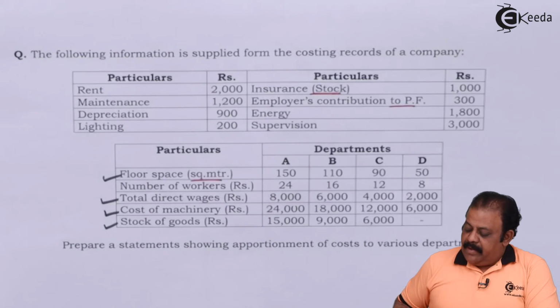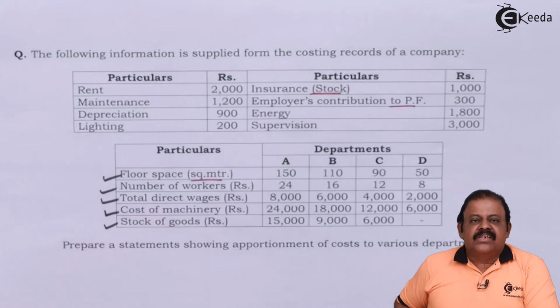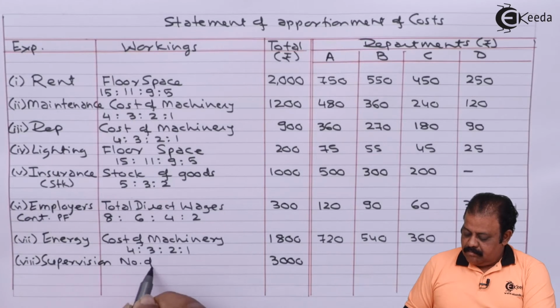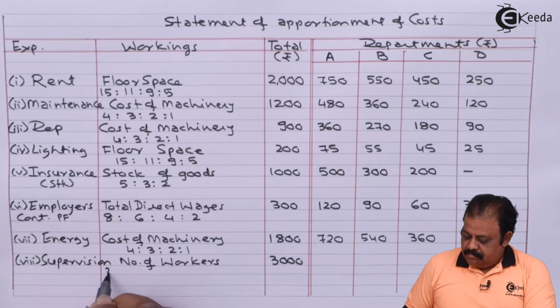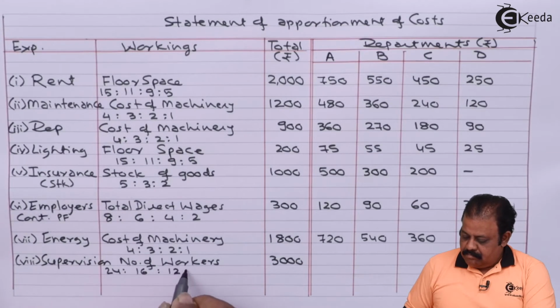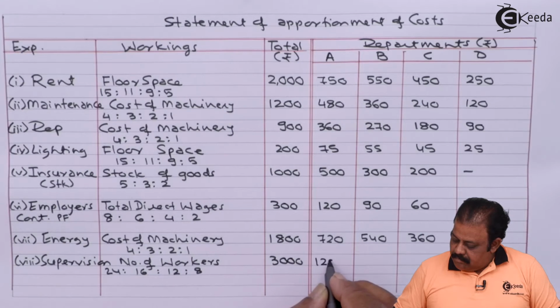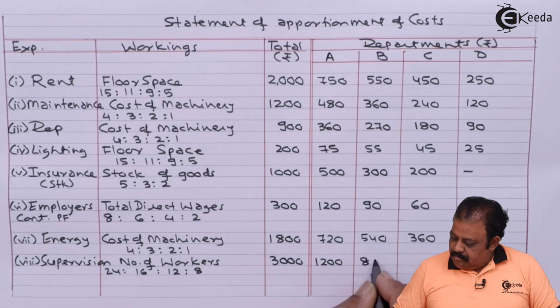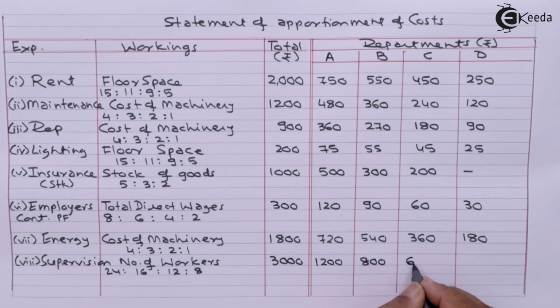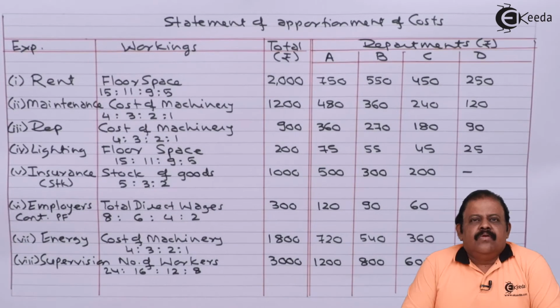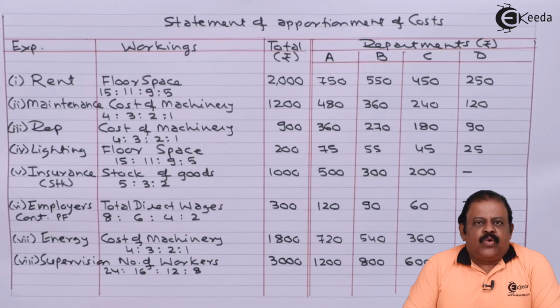This will be allocated based on number of workers. We have distributed all overheads. Now we can take the total of this.